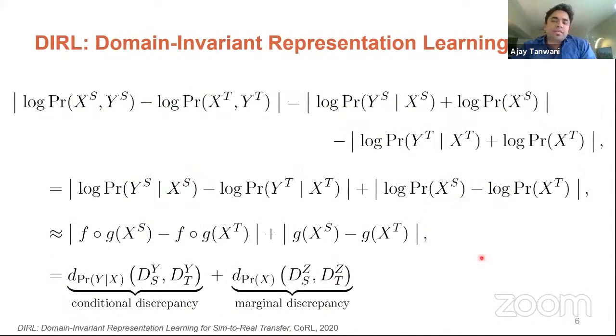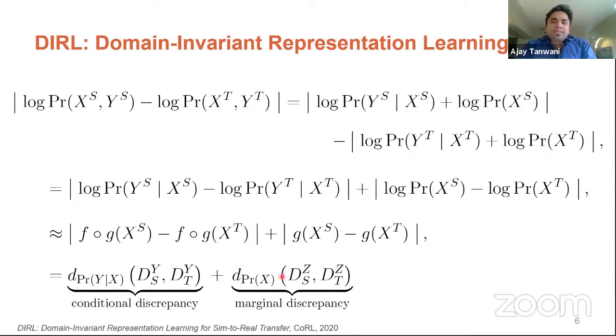To this end, we present a domain-invariant representation learning approach that semantically aligns both the marginal and the conditional distributions by leveraging a few labeled examples of the target domain. The joint discrepancy across both the domains is minimized by minimizing the sum of the marginal discrepancy and the conditional discrepancy across domains.